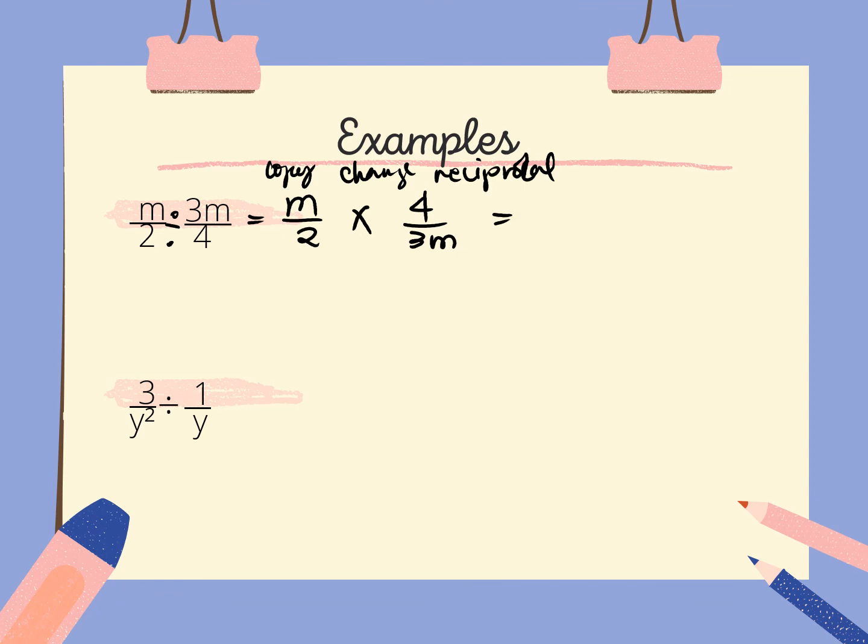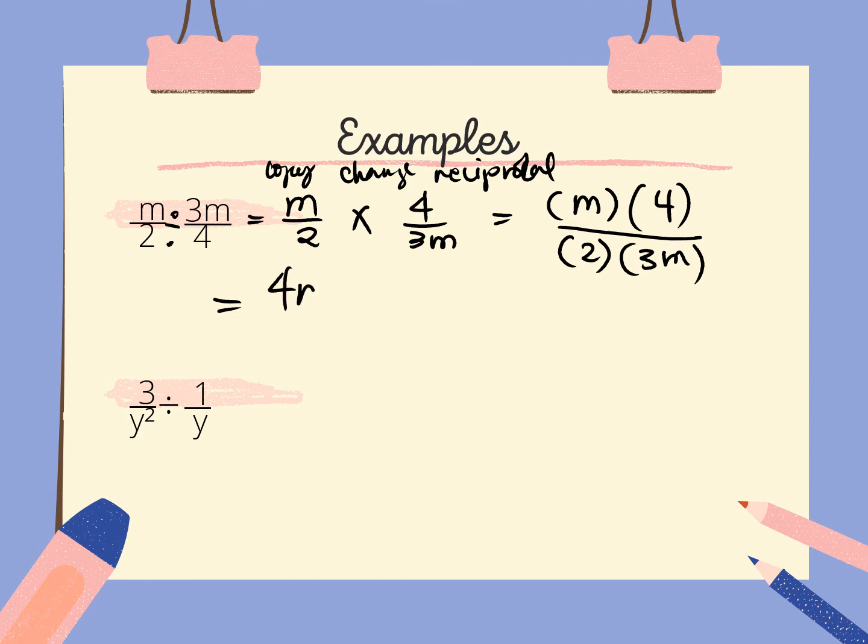So then proceed to multiplication. We have m times 4 all over 2 times 3m. Since these are being multiplied, obviously they have a common factor m, so we can remove it. Or if you're confused about which to cancel, we can multiply first and then simplify.